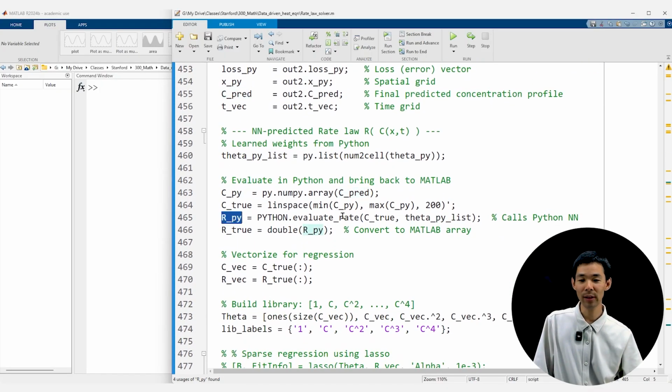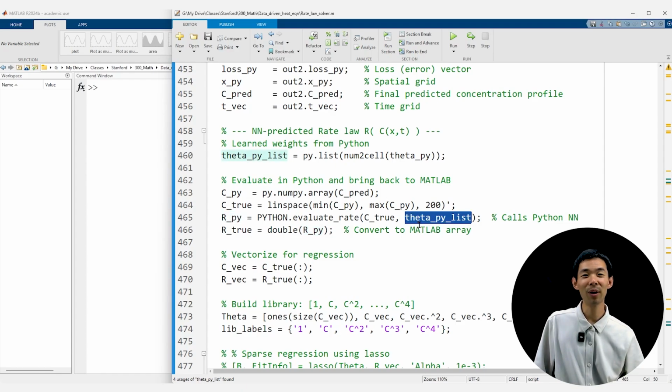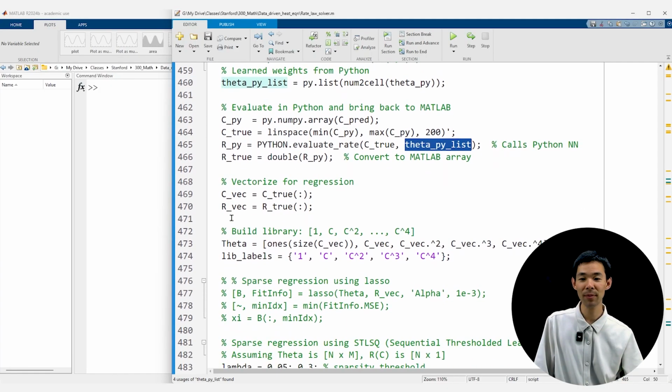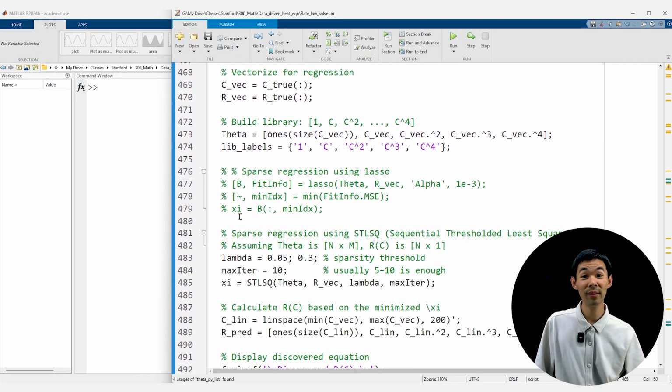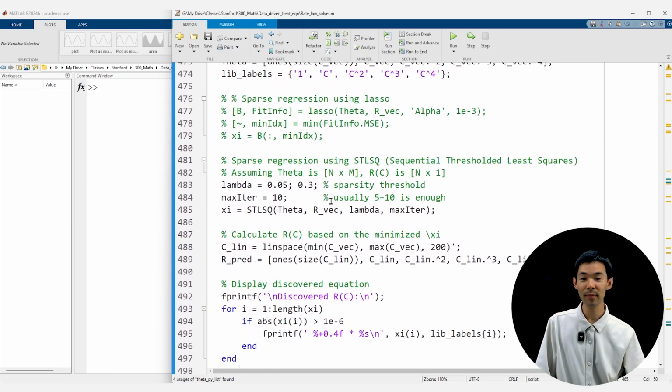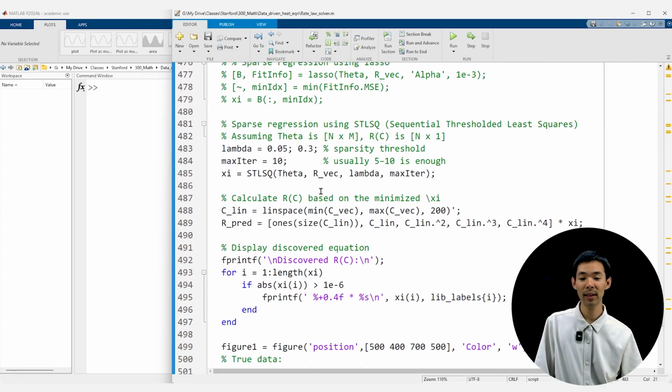Then we're going to use those weights based upon the neural network parameters, and now we have the rates as a function of the concentration from the gray box model. I'm going to apply the exact same sequential threshold least squares with the same lambda value that we just tried. So let me evaluate this and see if we can use sparse regression on the neural network model.